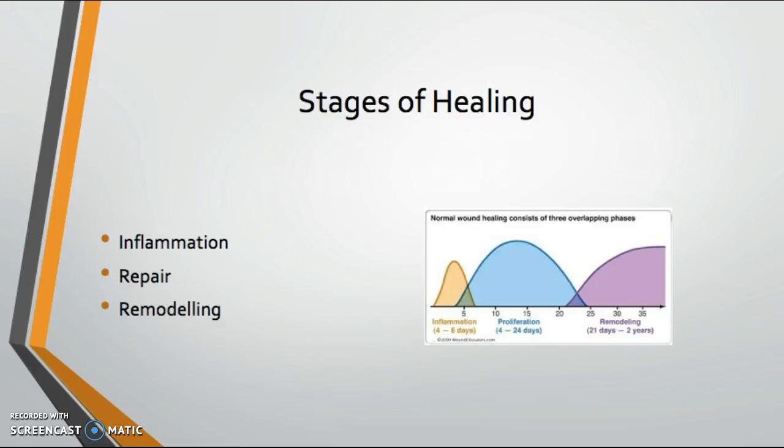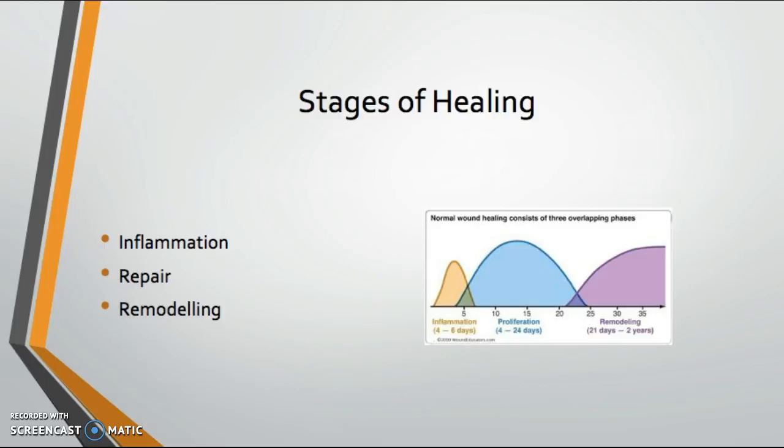So the inflammation occurs when the injury occurs, and lasts up to a week. Then is the repair stage, where everything is repairing. If it's muscle based, then the muscle fibers will be repairing. If it's joint based, then the ligaments will be repairing, and they'll all be connected together. It will be weak initially, and that's where the remodeling comes in.